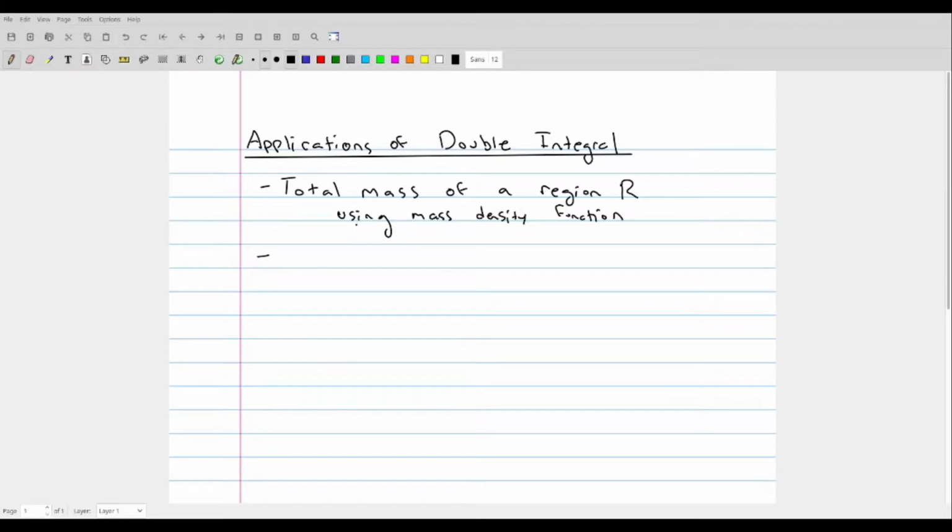And related to that, but in a completely different area, is the total electric charge of a region, given some mass or charge density function.